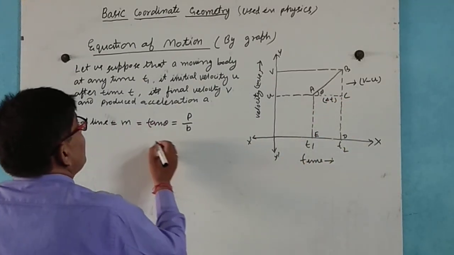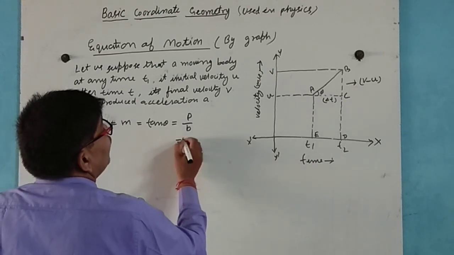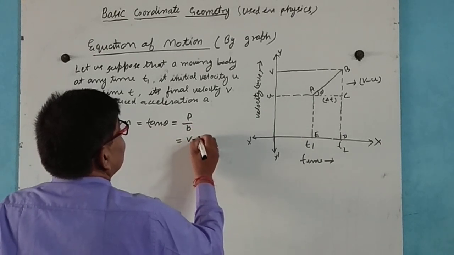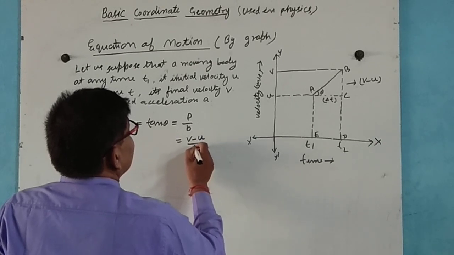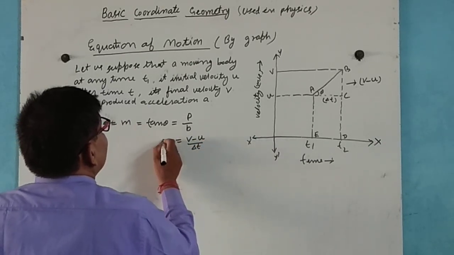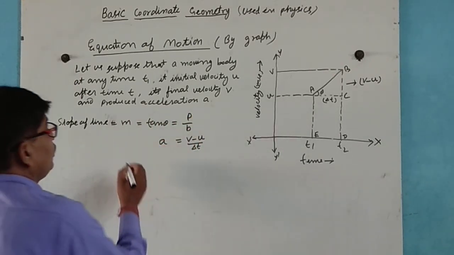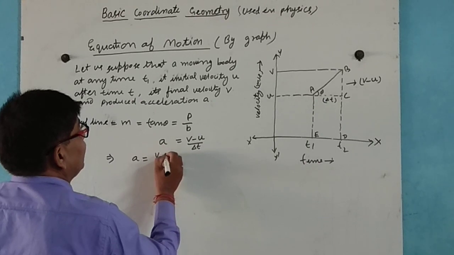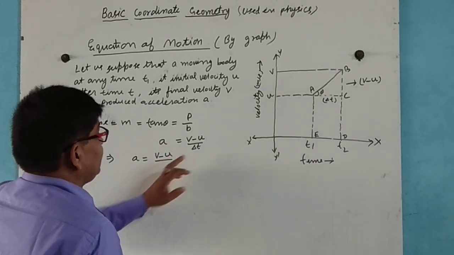Now here P is v minus u by delta t, tan theta, the slope of the line, is represented by the acceleration a, so that a equal to v minus u by t.